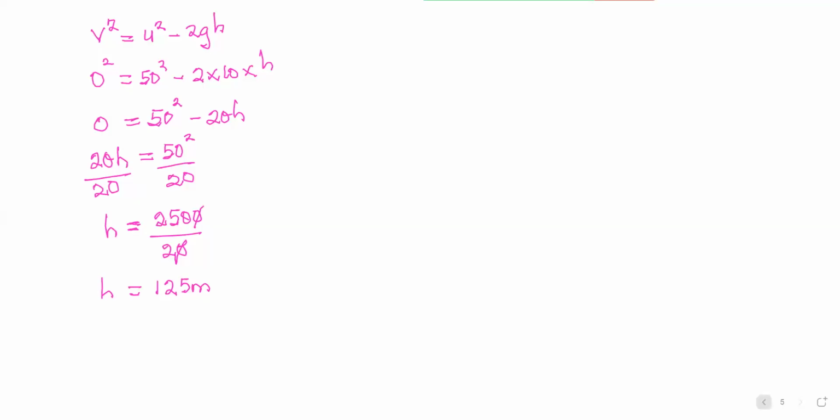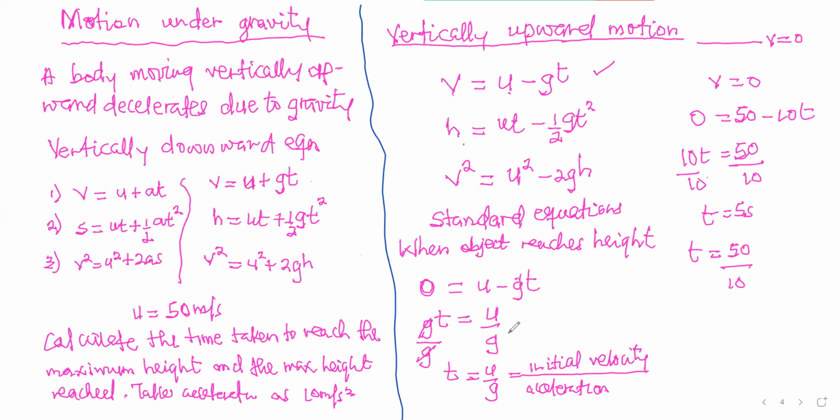We can also have a standard formula for it. When we equate 0 for v, 0 squared is the same as 0, so 0 is equal to u squared minus 2gh. Help me make h the subject.